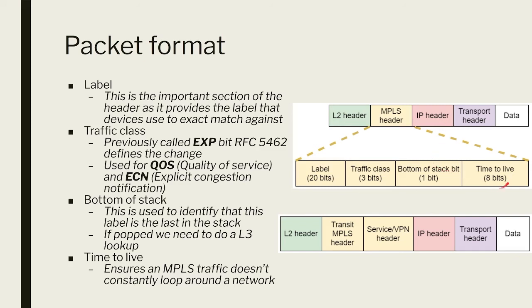It allows you to inherit the original time to live, or TTL, and then extend that over your MPLS domain, making sure that you don't exceed the TTL. It ensures that you have a reliable transfer through your network and you don't end up causing storms, like broadcast storms, or just endless loops of traffic that never exit or never die out in your network.